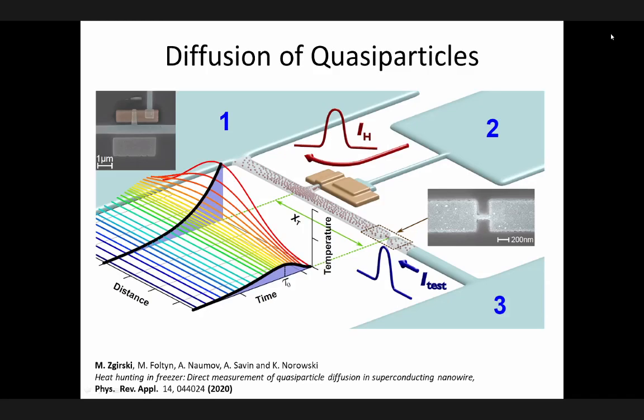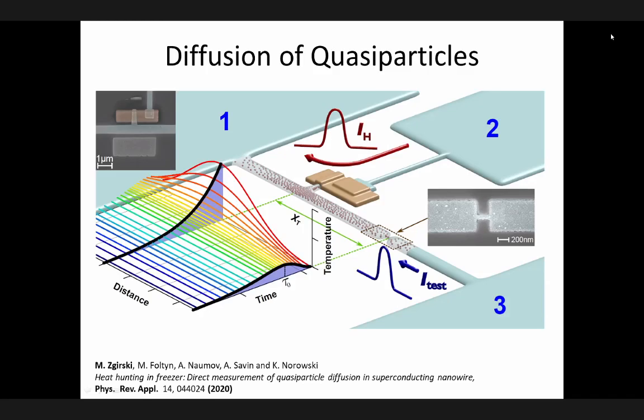They start to diffuse through this neck, and after some time they should reach the bridge. If there were no annihilation of quasi-particles on the way, you expect to see a Gaussian profile with the peak at the position of the heater, which should get flattened with time.